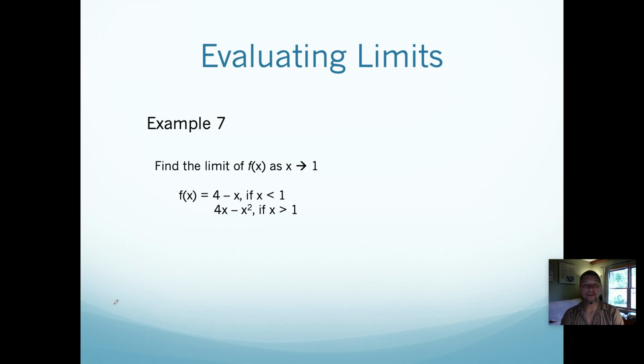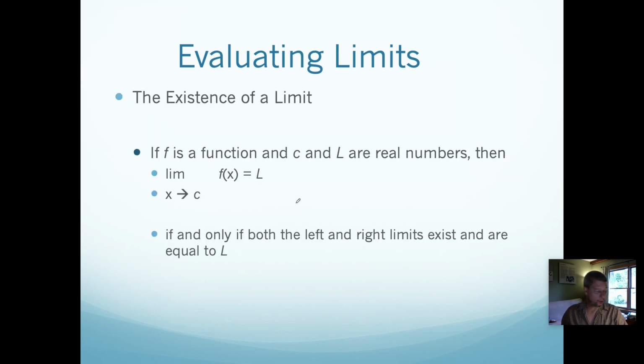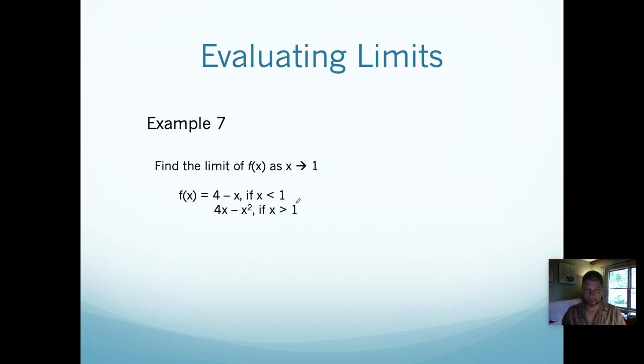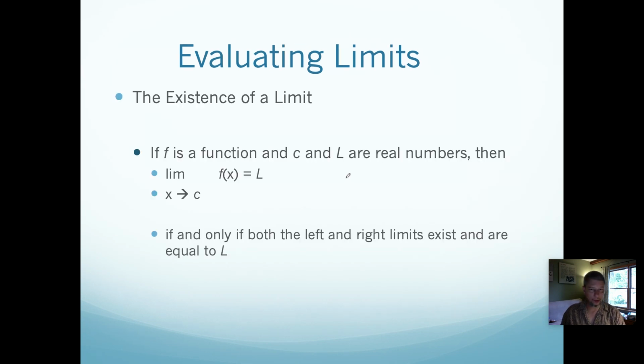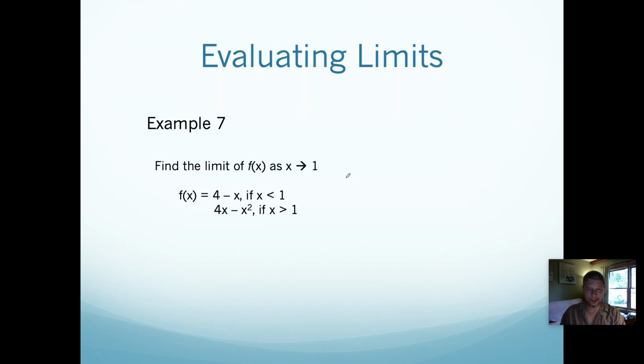But that doesn't mean that the limit doesn't exist just because we're dealing with two different functions. So the way that we're going to approach this is as follows. We're going to look at the limit as x approaches 1, and we'll start with the left. So the limit, that's what the negative sign here means, of 4 minus x.